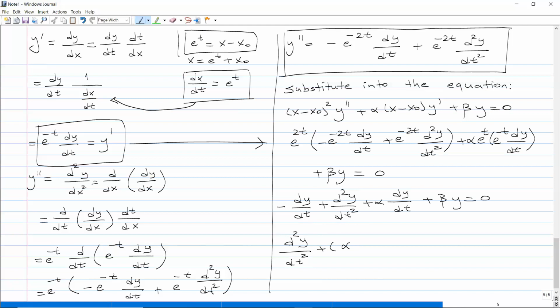The coefficient is alpha minus 1. Equal to 0. Now you see what happens when you make this substitution. The equation becomes a linear ordinary differential equation with constant coefficients.